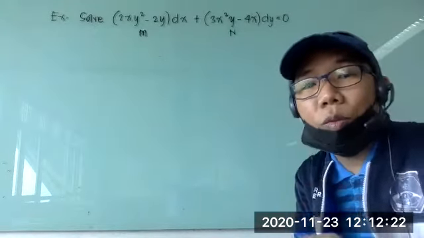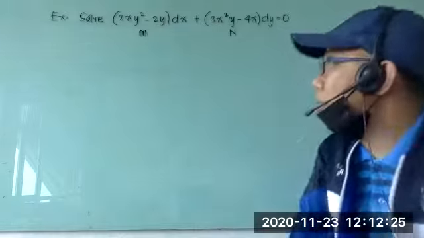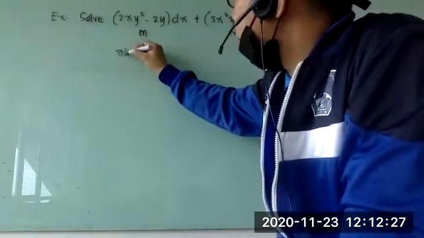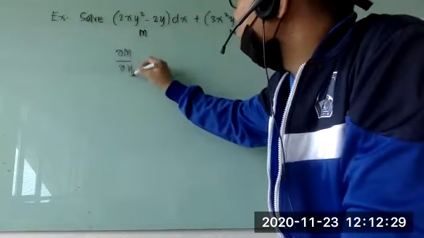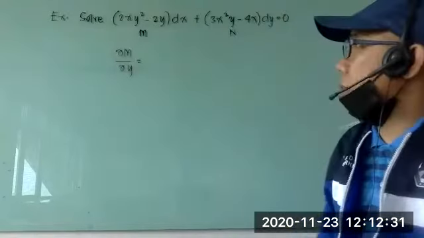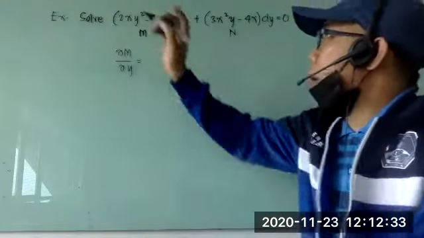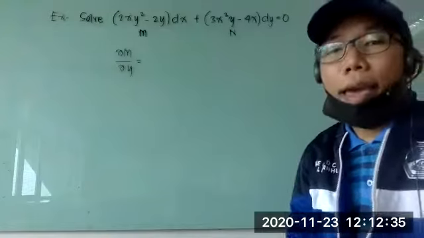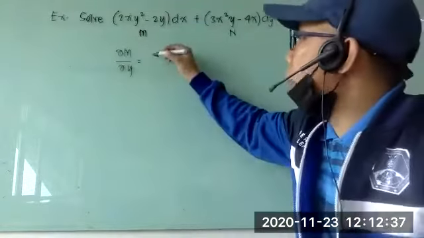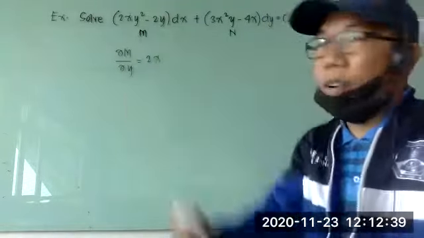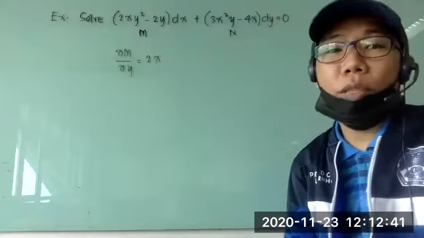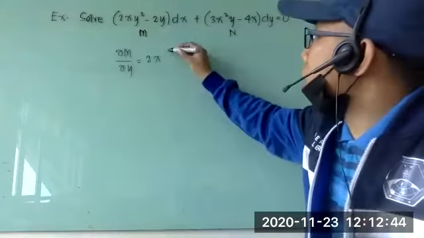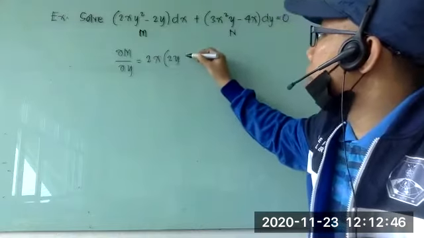Now we try to test the DE for exactness. So we take the partial of m with respect to y. Okay, what is our m? 2xy squared is the first term. So x is held constant. We copy 2x. We differentiate y squared with respect to y, and that is 2y.